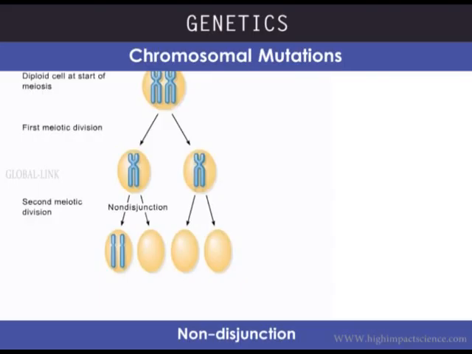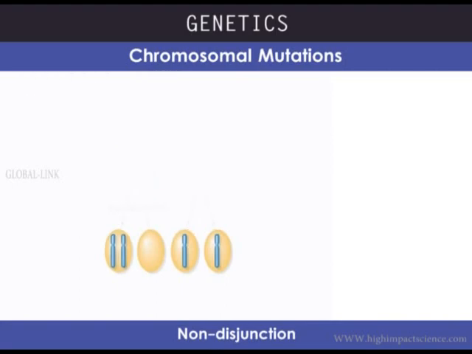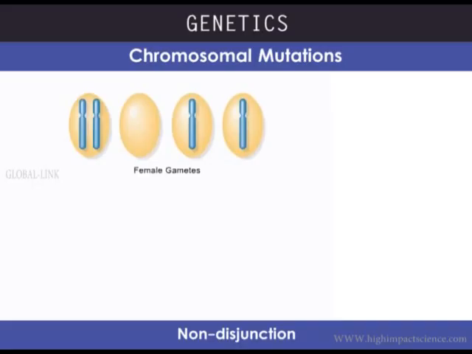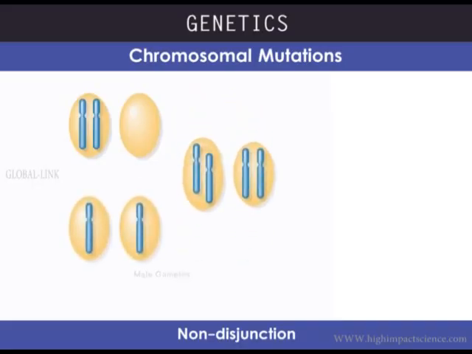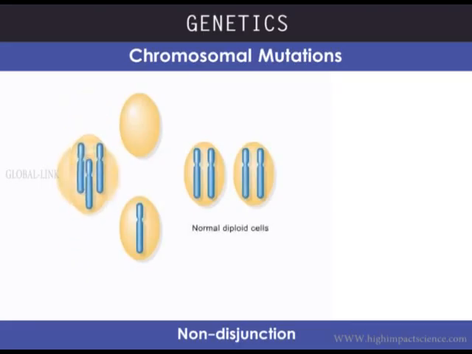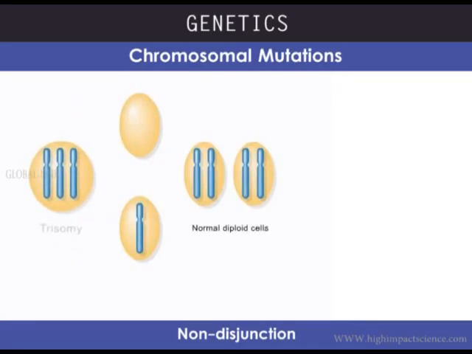Normal chromosome segregation occurs in the other cell, giving rise to 2 normal haploid cells. When these cells fuse with normal haploid gametes, 2 of them produce the normal diploid zygote. The other 2 zygotes formed are abnormal, one being trisomic and the other being monosomic.